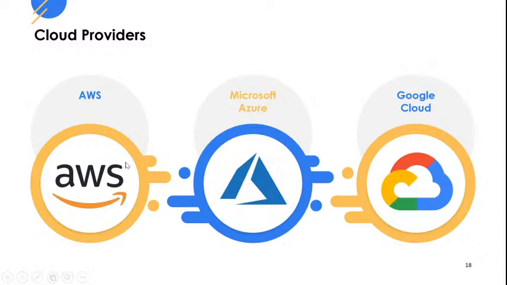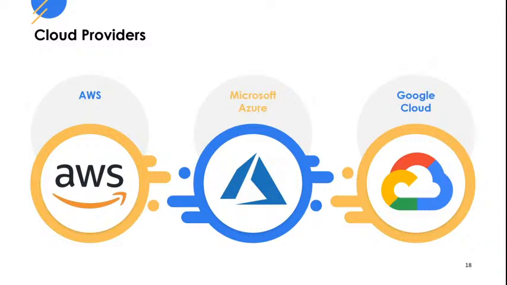The second is Microsoft Azure, and then you have Google Cloud, and there are 100 plus more companies which give you the same kind of services, like DigitalOcean. Just the terminologies are different, but at the back end, it's doing exactly the same thing.